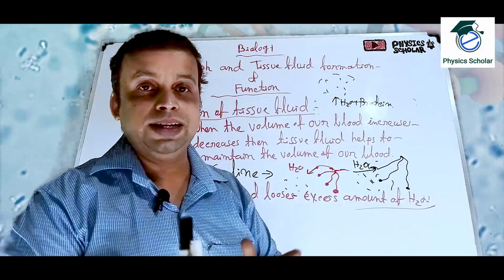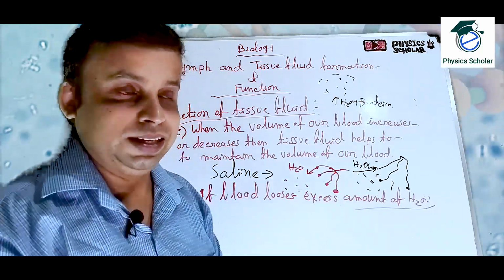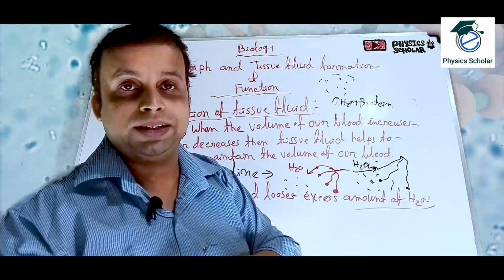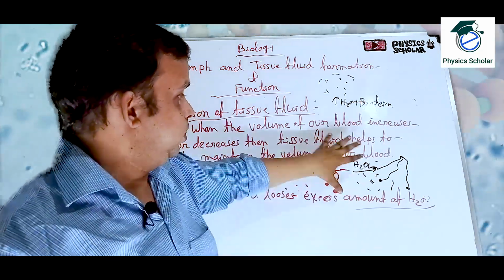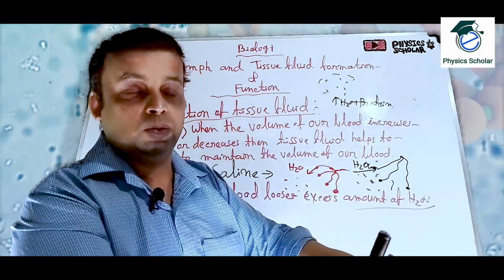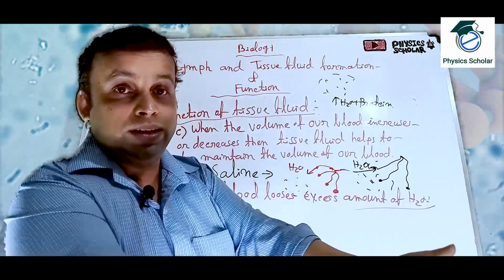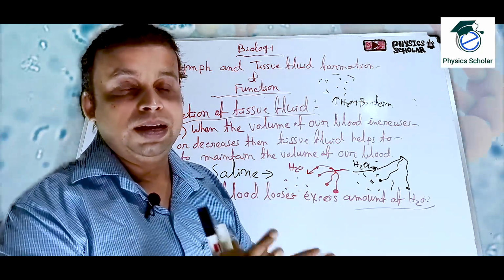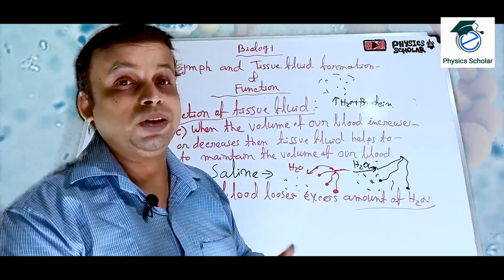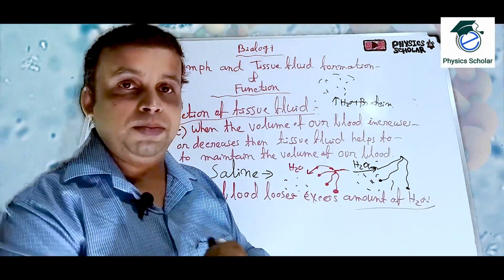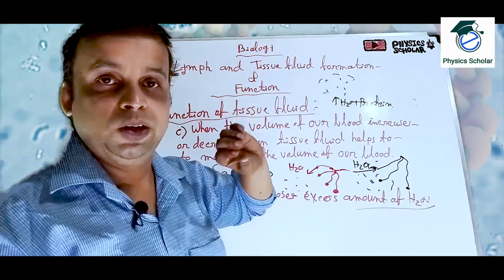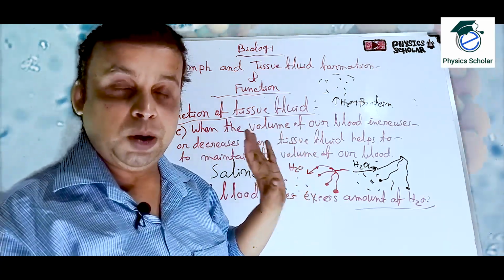If the volume of blood increases or decreases by any reason, the tissue fluid comes into action. It will either supply water to the blood, or take out water from the blood. Thus it will maintain an almost constant volume of blood in our blood vessels. I hope you have understood the function of tissue fluid properly.